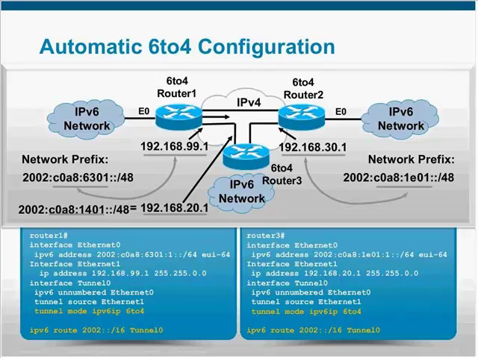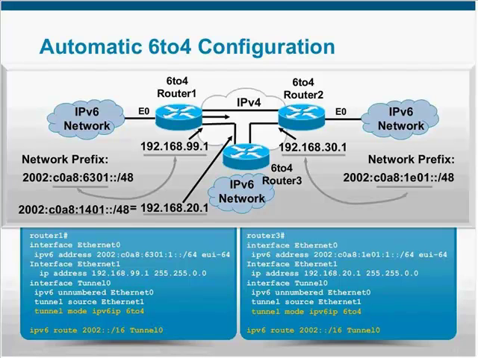If we look at this scenario, we added a third site. The third site has an IPv4 address of 192.168.20.1, and we derived an IPv6 prefix out of that IPv4 address. Again, the technique is the same one as we saw before.